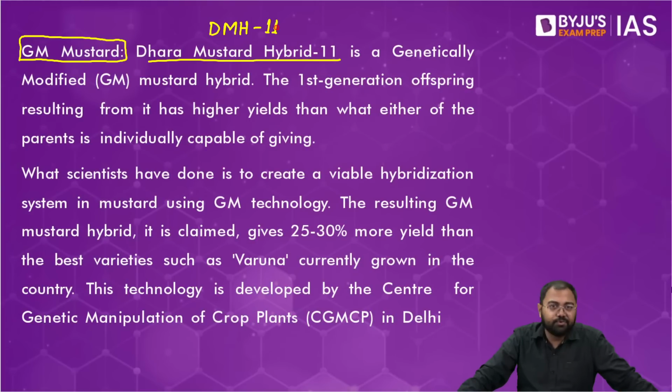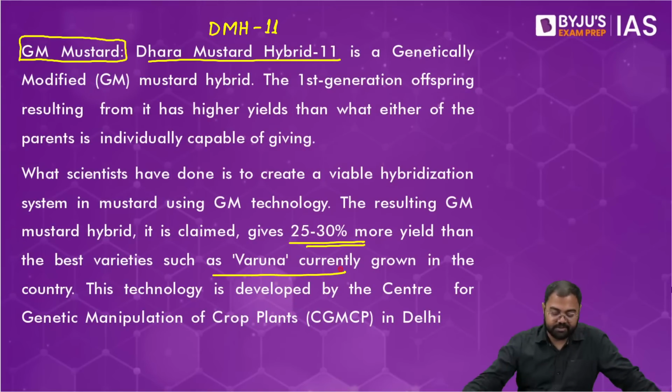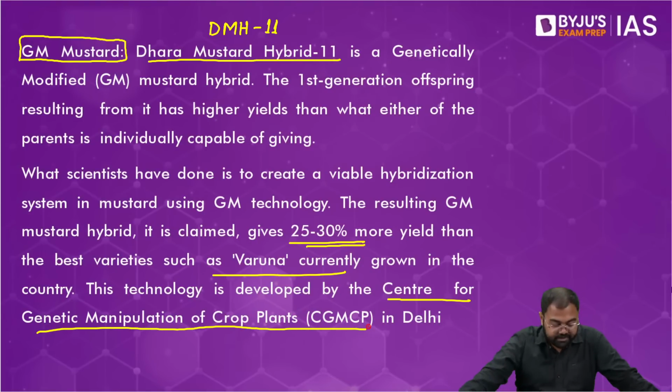In 2011 and 2014, a lot of tests happened, and we saw that it is able to give up to 25 to 30% more yield as compared to the best variants of mustard, like Varuna, currently grown in the country. It was developed at the Delhi University Center for Genetic Manipulation of Crop Plants, which is located in Delhi University.